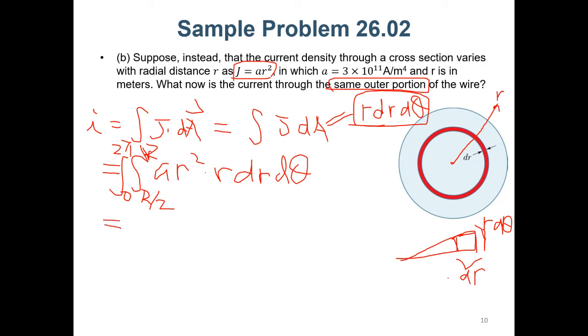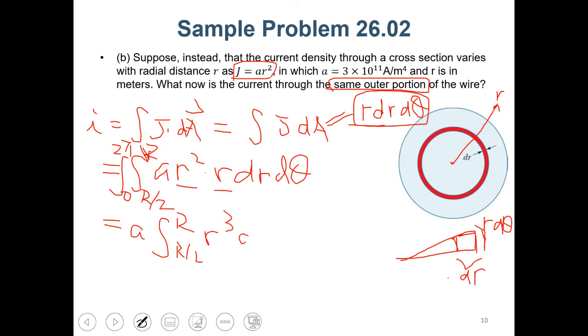And this one is easy to calculate. We have R squared times R, so R cubed dr, and then d theta, no theta dependence.